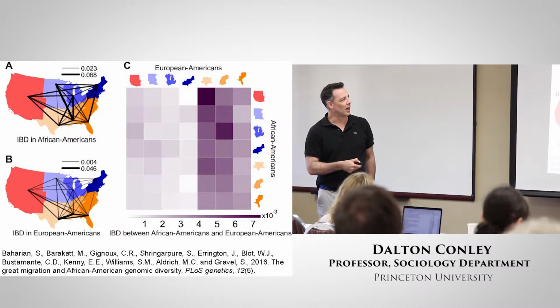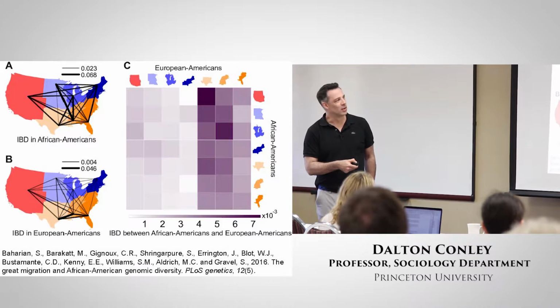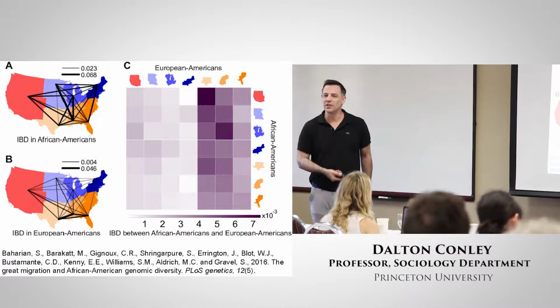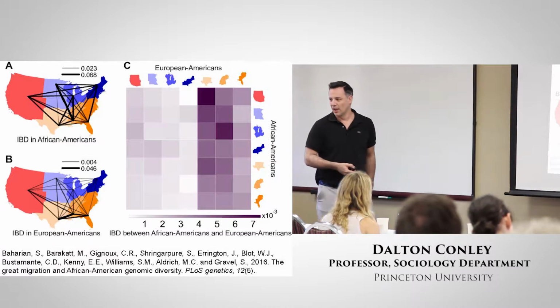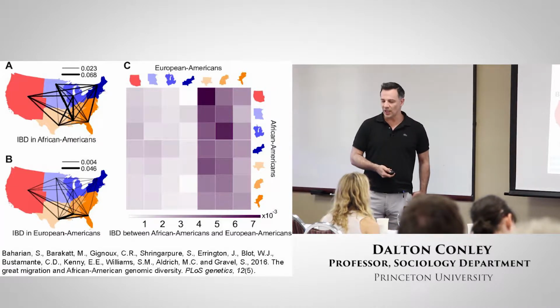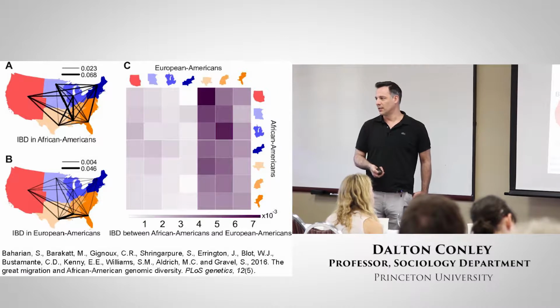But if you look at this south central region, I guess it's called Texas and surrounding area, the highest degree of mixture between blacks and whites is between European Americans who come from that region and African Americans who come from the West. So, interesting things you can see in the genome. This is just another tool for social history that sociologists and historians could use that is now available to us that was not 10 years ago.